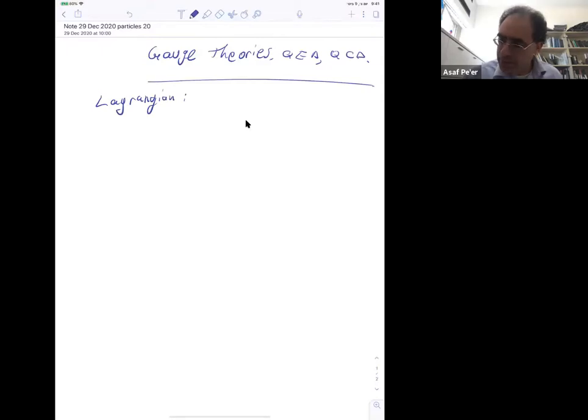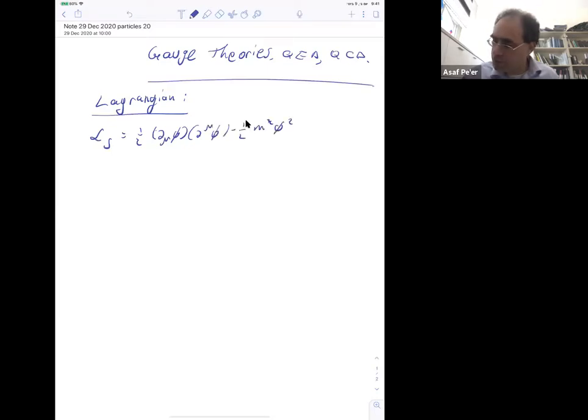So for scalar massive particles, we had L scalar was half d mu phi minus half m squared phi squared. Then we had the Lagrangian for the Dirac field, so spin half particles, psi bar (i gamma mu d mu minus m) psi. And then we had the Lagrangians for the relativistic vector field.